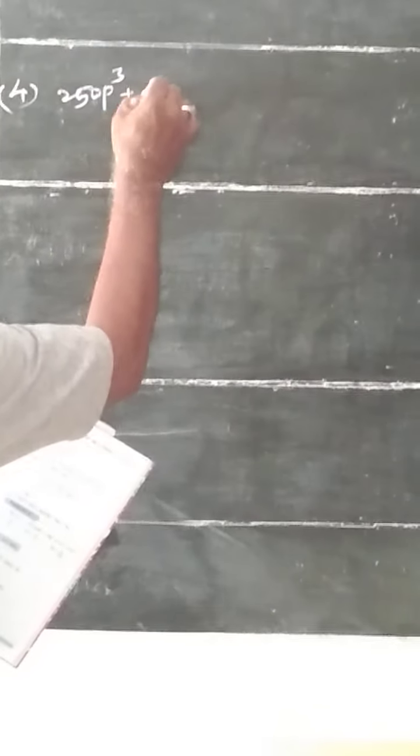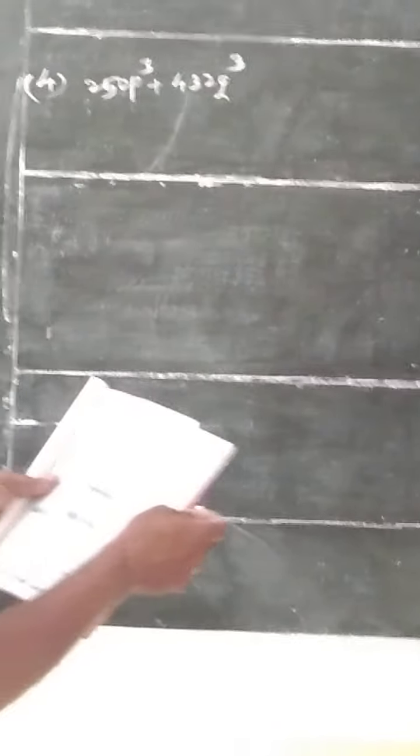Fourth example, 250p cube plus 432q cube.